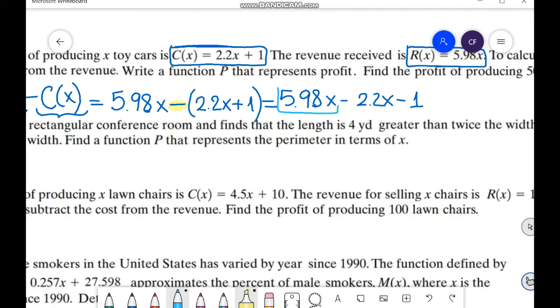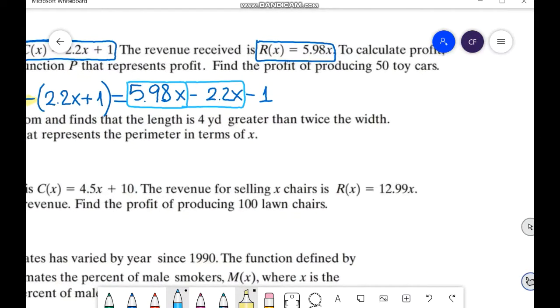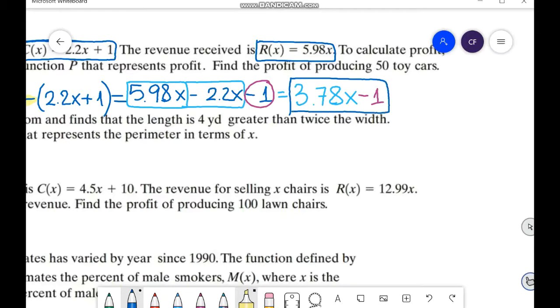We have this like term and that, and we can combine, it's going to equal 3.78x. Keep this minus 1. Well, this is the expression, the polynomial function that represents the profit.